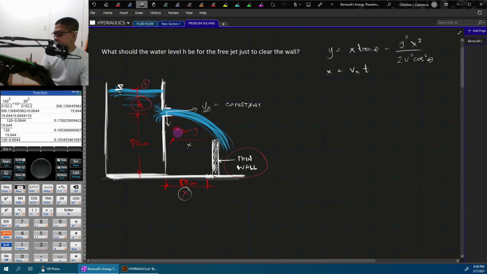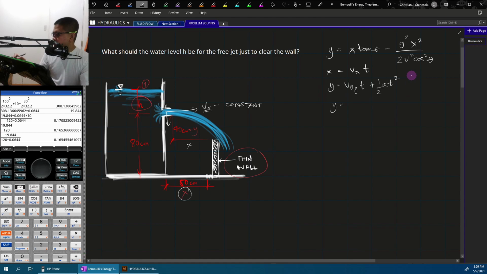Okay? Then for the y distance, the time this water will reach this level, because we have a downward acceleration, solving for y, that is initial velocity along y times time, plus, in rectilinear motion, 1/2 a t squared. But in this case, our acceleration is gravity.